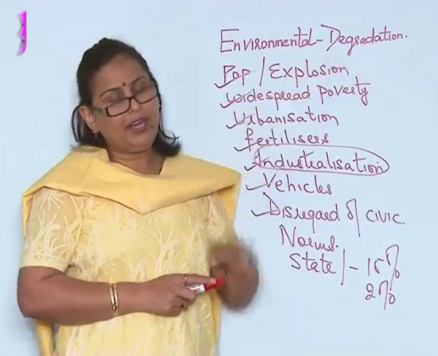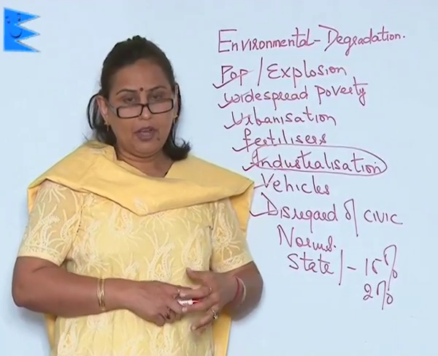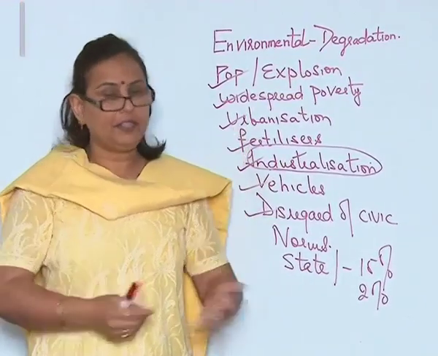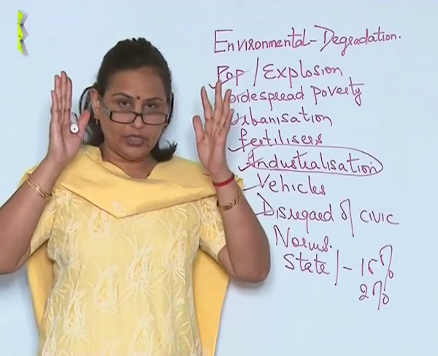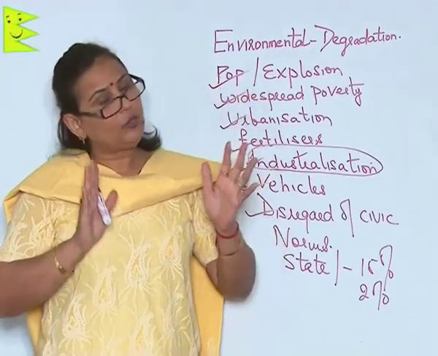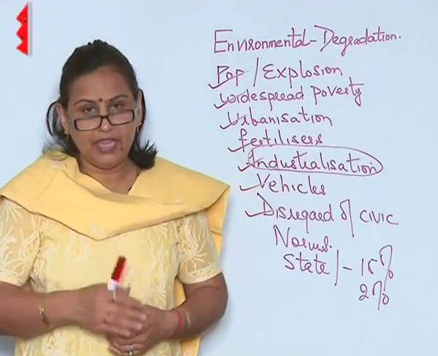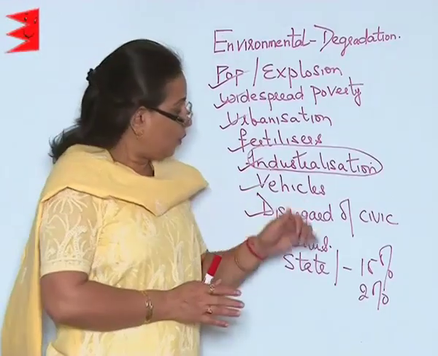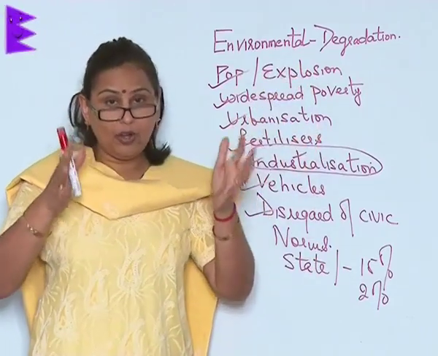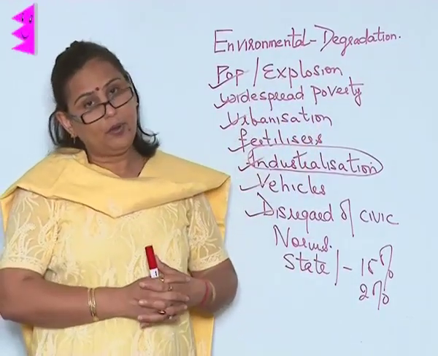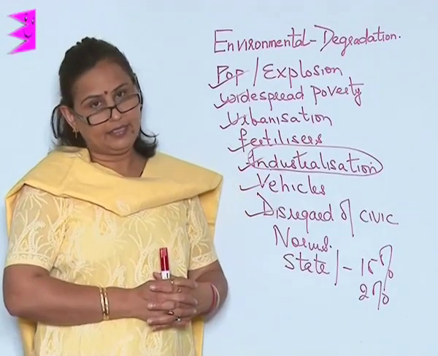They pay no heed to these norms because they feel that it is not their responsibility. Their responsibility is just to sustain, to earn, and to have a good standard of living for themselves and their families. They do not bother about the environment because they do not have the knowledge. They are not literate in that sense.